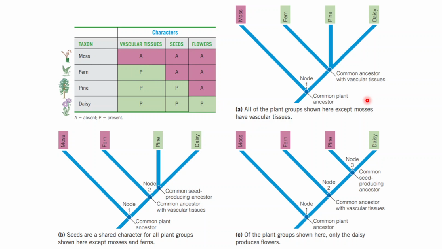Thus node 1 represents the common plant ancestor, as well as the divergence of the outgroup moss and the common ancestor of the 3 vascular plant groups.